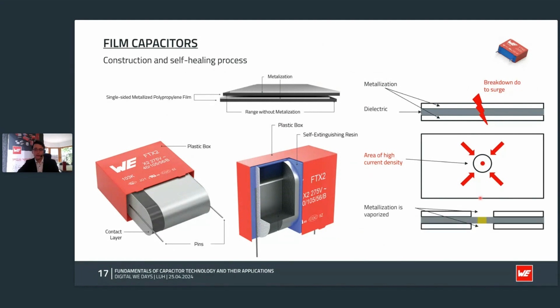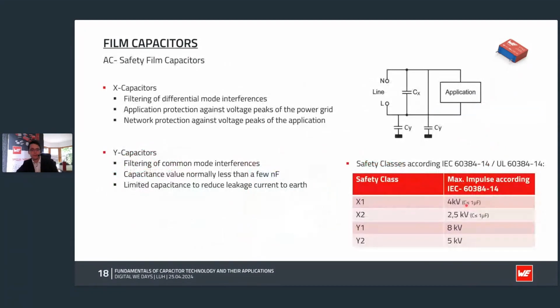And these high temperatures lead to the metallization being vaporized, so you won't have any short circuit path here, which gives the advantage that this product is now repaired, and the capacitance loss which you will have there is normally very small.